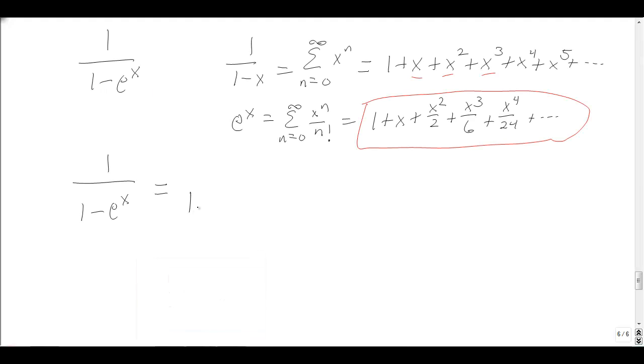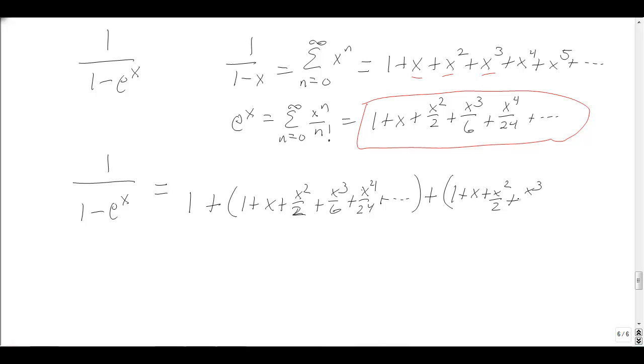So what would happen is this is 1 plus, and then where this x is, I put this series. So 1 plus x squared over 2 plus x cubed over 6 plus x to the 4th over 24 plus and so on, plus, and then I do the same thing, 1 plus x squared over 2 plus x cubed over 6 plus x to the 4th over 24 plus and so on, squared.